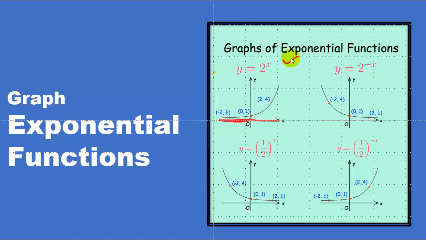So whether x is negative or positive, as the graph is above the x-axis, y is positive, so the function will always have a positive value. Look at this graph as well: the graph is above the x-axis. This one is still above, and here it is above. So in all cases, an exponential function will always have positive values. It will never have a negative value.